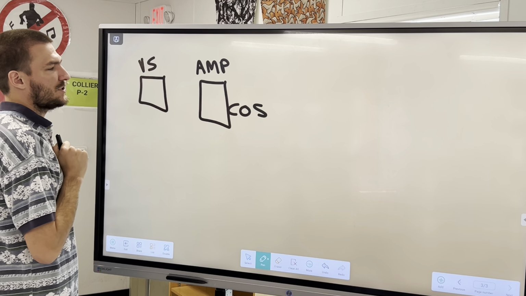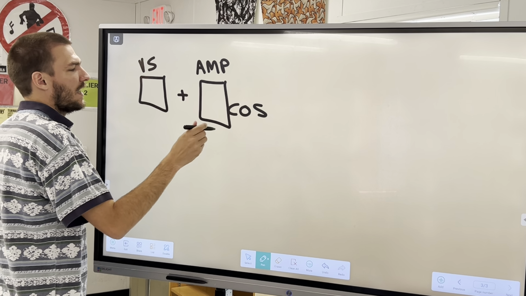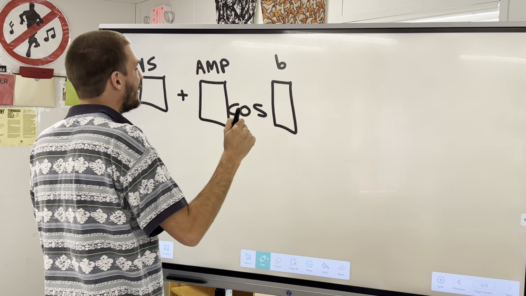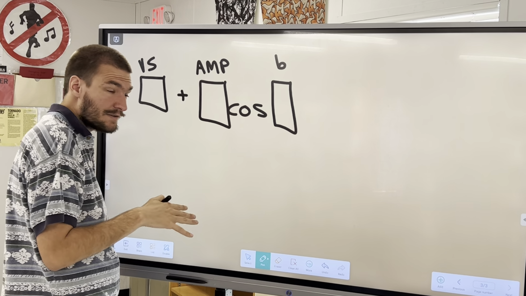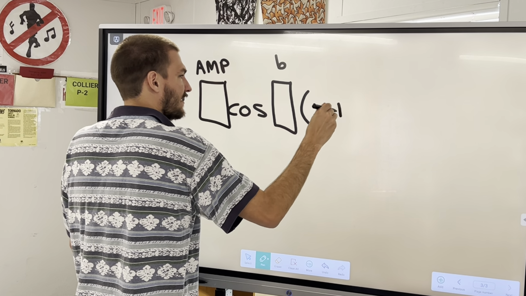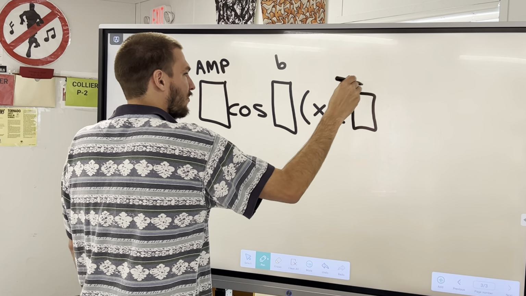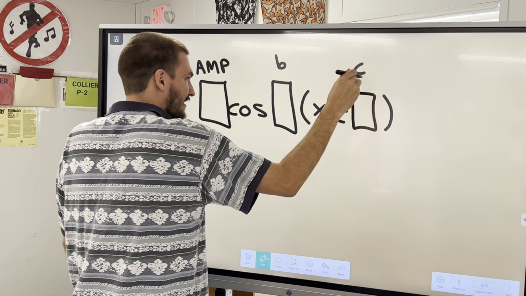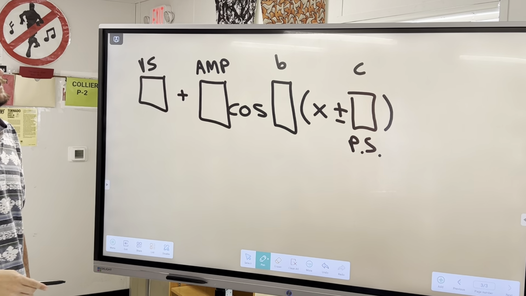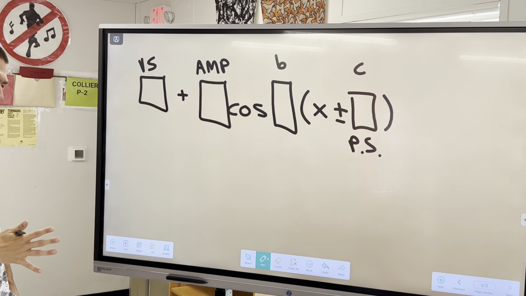That's your vertical shift. A number can go here. That's your B value, which is related to period, but it's not your period. And then a number can go here. And that's your C value. That's your phase shift. So, we need to put everything where it needs to go.